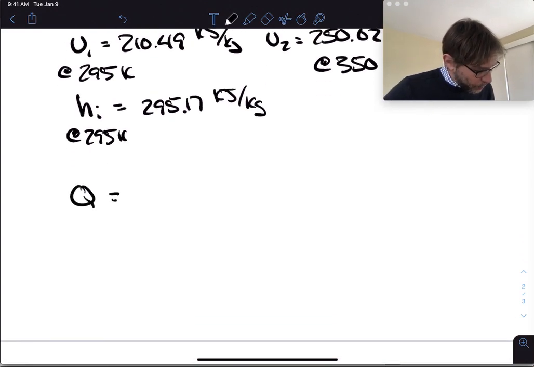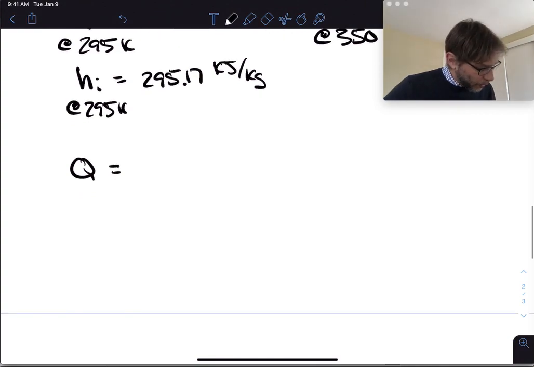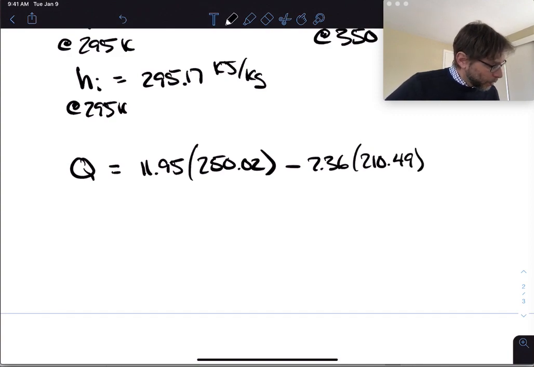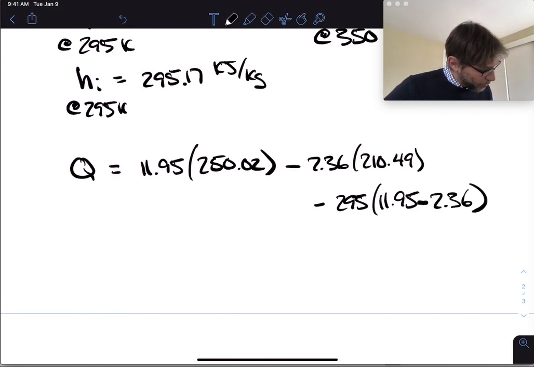Okay, so then all we got to do is find our answer. So Q then is equal to 11.95 times 250.02 minus 2.36, which is the initial, times 210.49 minus 295 times 11.95 minus 2.36, which was the change in mass.